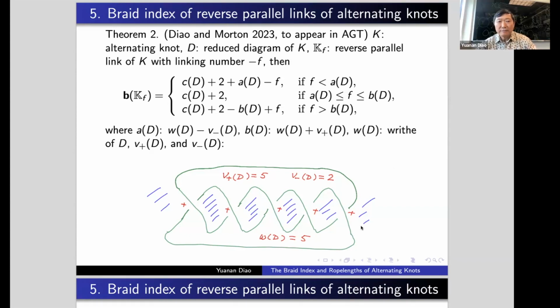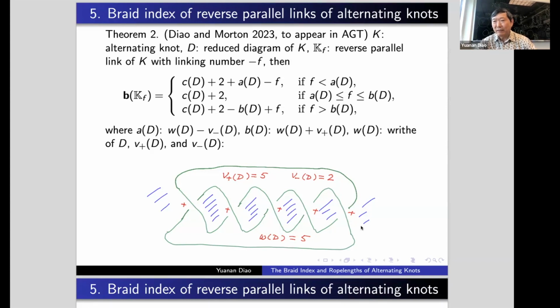The rope length does not depend on orientation, right? If I double it, the idea is that from the double, I can give it different orientations, hoping to get a large braid index, because braid index is the only tool I have to serve as a lower bound.